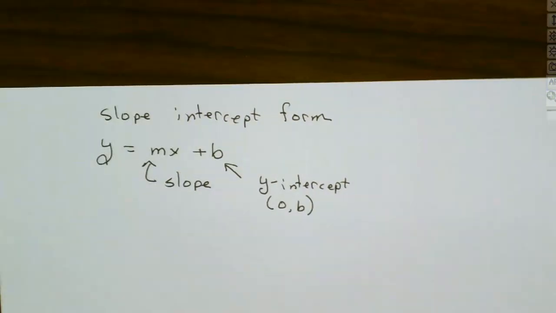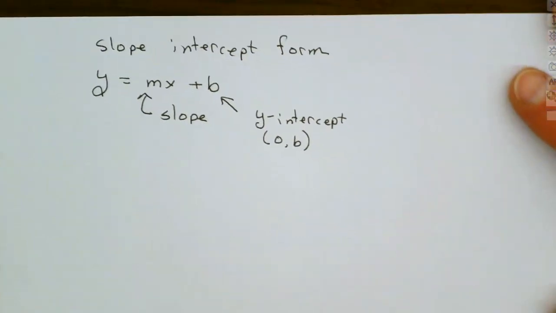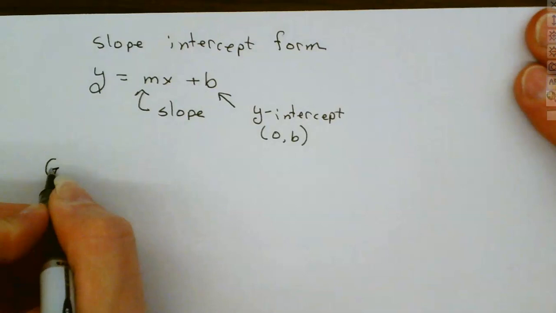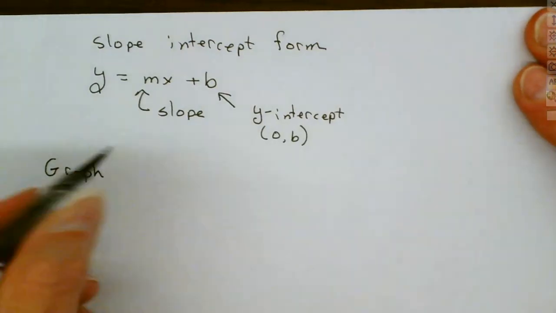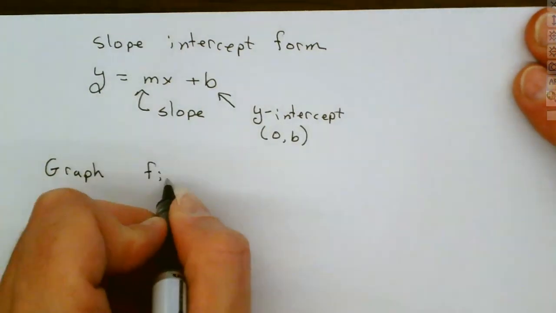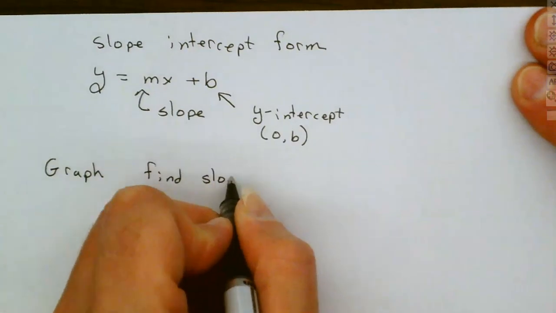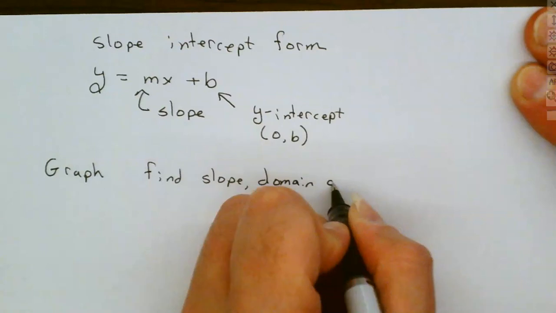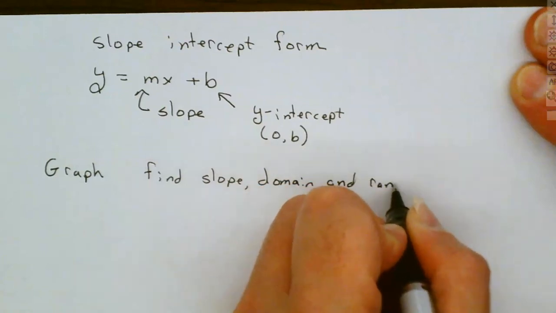So we'll just do a couple of these. We're going to graph these. We're going to find our slope and also the domain and range. So the directions are going to be graph, find the slope, domain, and the range.